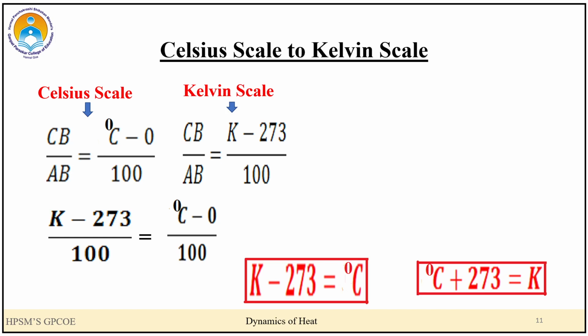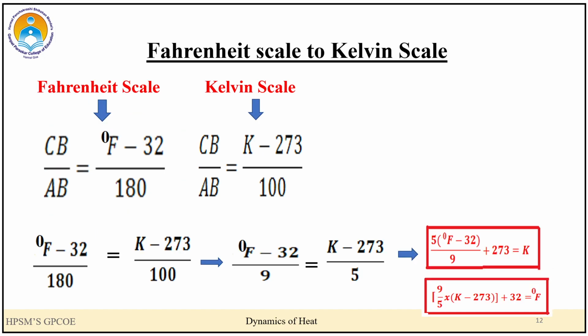When we rearrange, we get K minus 273 equals degrees Celsius. This is the form by which we can convert the Celsius scale into the Kelvin scale, or if someone wants to convert a Kelvin scale into the Celsius scale also.